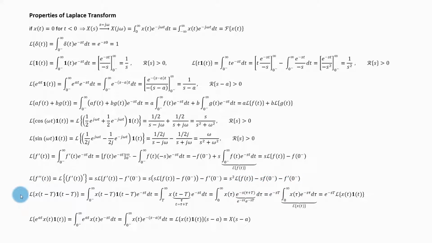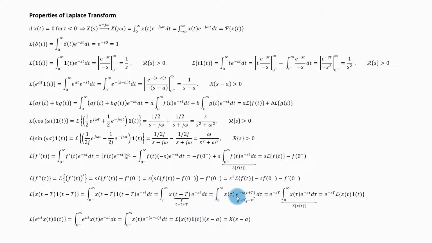Next, the time shift. If you have your signal shifted in time, this is what happens. This is the definition integral. Here you can leave out this unit step and integrate only from uppercase T. Then you make this substitution, which will give you this.